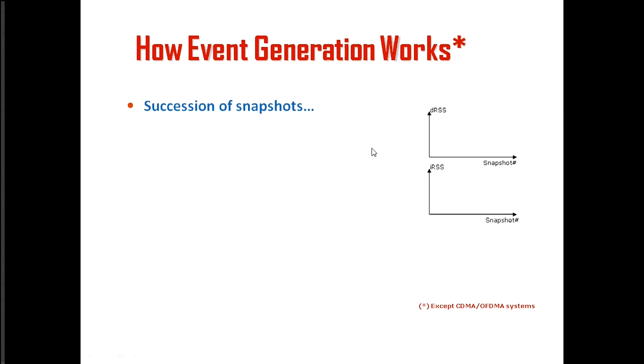So this is how the Monte Carlo goes. When you have your victim and your interferer, we do the calculation: the distance, the power transmitted, whatever. For the first snapshot, we have the first value for the DRSS. For the interferer, you have your interferer transmitter and the wanted receiver.